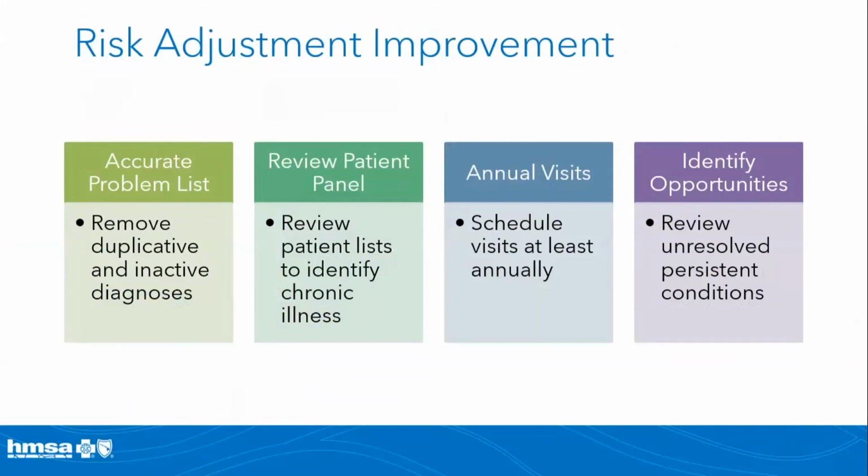Identify future opportunities for improvement by reviewing any unresolved persistent conditions. What we're looking for is accuracy. You don't want to code a condition that may have already been resolved. So again, be sure to see your patient at least once each year. Identify and review any unresolved and persistent conditions.